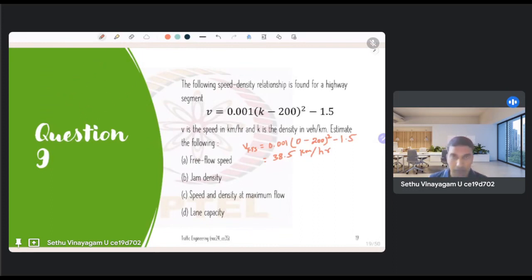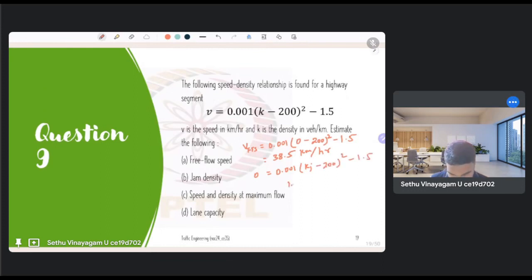Okay, next we want to find what the jam density is. Similarly, from the same diagram, jam density is where velocity or the speed is 0, right? So we can substitute V equal to 0 now to find the jam density Kj. So 0 is equal to 0.001 into Kj minus 200 squared minus 1.5.